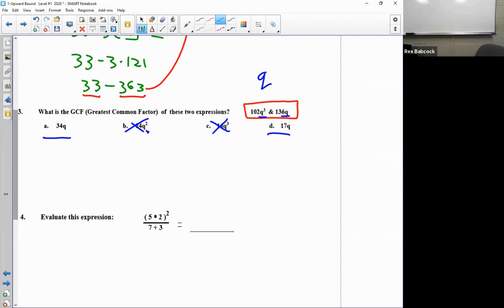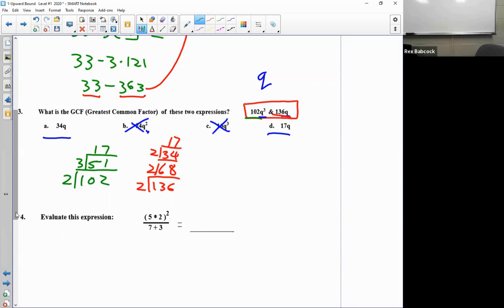Well, 102: 2 times 51. 2 won't go, but 3 will. 1, 7. 136: 2 will go, 2 will go again, 2 will go again.